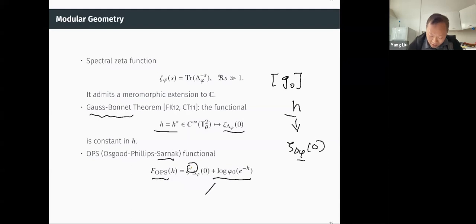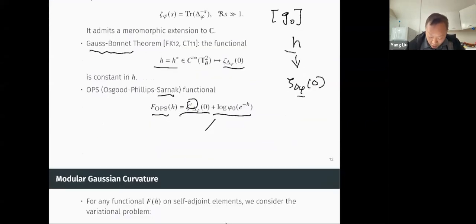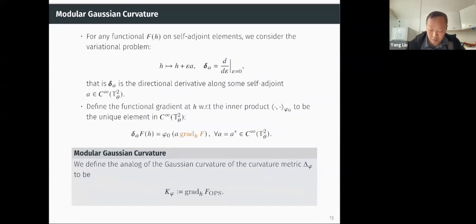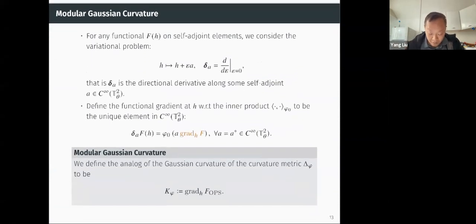So basically the key ingredient here is the Ray-Singer determinant, which is by definition the derivative of the spectral zeta function at 0. So the curvature is defined using this variation principle.